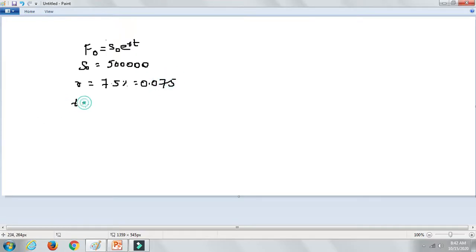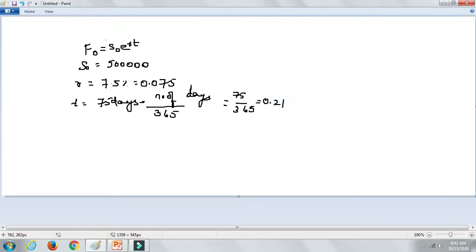T he has given in the question as 75 days. Whenever he gives days like this, you take the number of days divided by days in a year, 365 days. So 75 divided by 365 will come to 0.21.